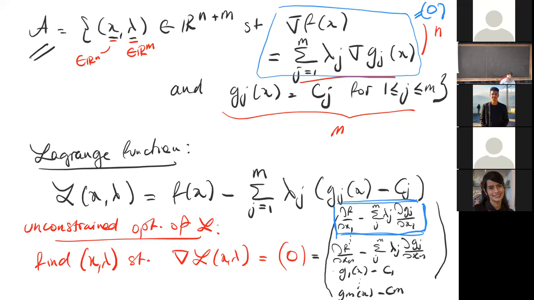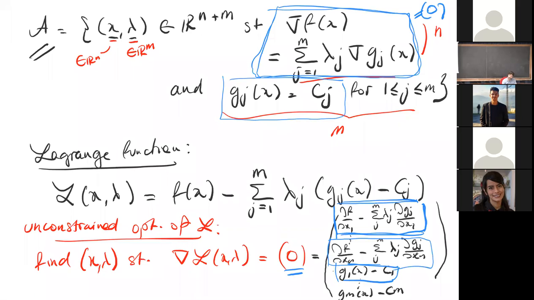You agree? The second component of this vectorial equation being equal to 0 is this one. Not the last one, the n-th one. And now this equation is this equation being equal to 0. Do you understand? You have the right to say no. Okay, it's great.